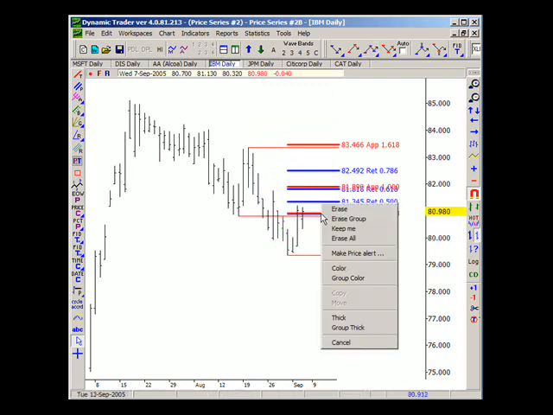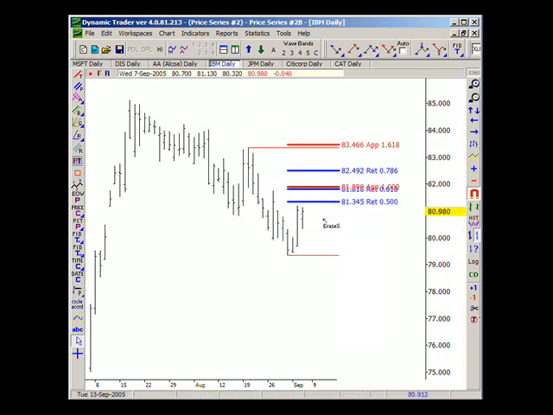The 62% falls right near the 38% retracement. We're already above that. Look where the 100% falls, right near the 62% retracement, not the 50, not the 78.6. The 162% falls above the retracement zone.